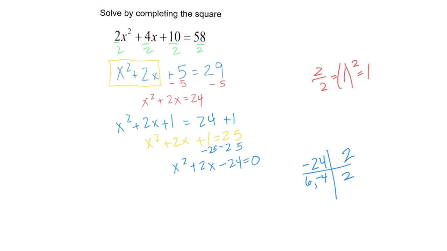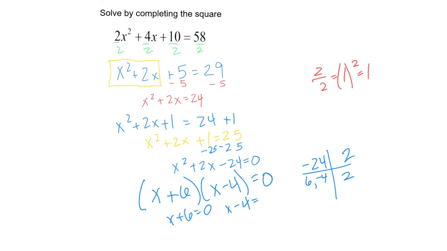Okay, those add together to be 2. Okay, because my a is 1, I can just do (x plus 6)(x minus 4) equals 0. x plus 6 equals 0, x minus 4 equals 0, x equals -6, x equals 4. So that's how I got that answer.